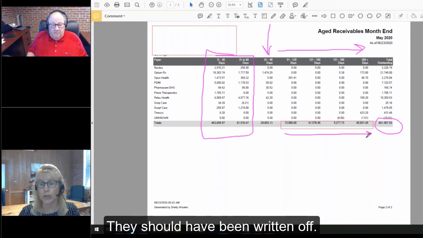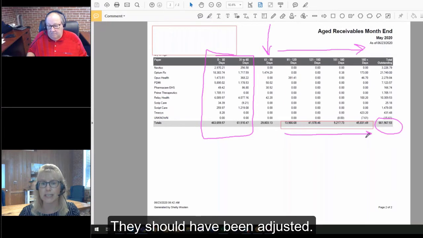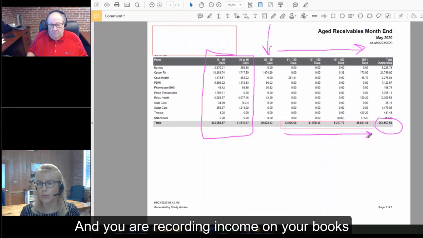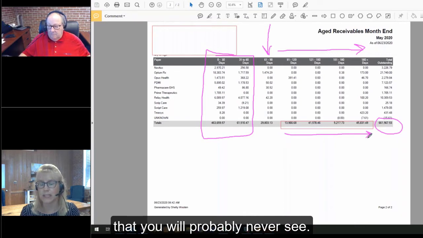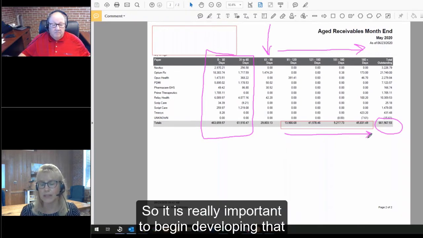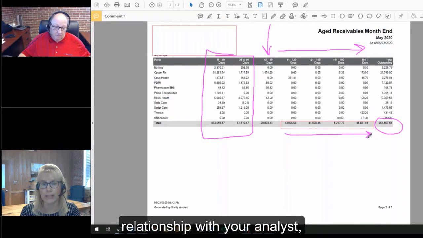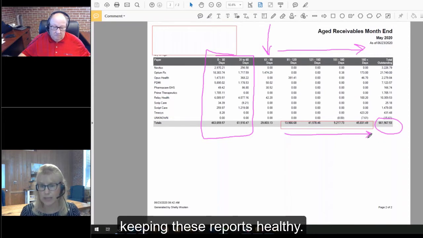They should have been written off, they should have been adjusted, and you're recording income on your books that you'll probably never see. So it's really important to begin developing that relationship with your analyst, keeping these reports healthy.